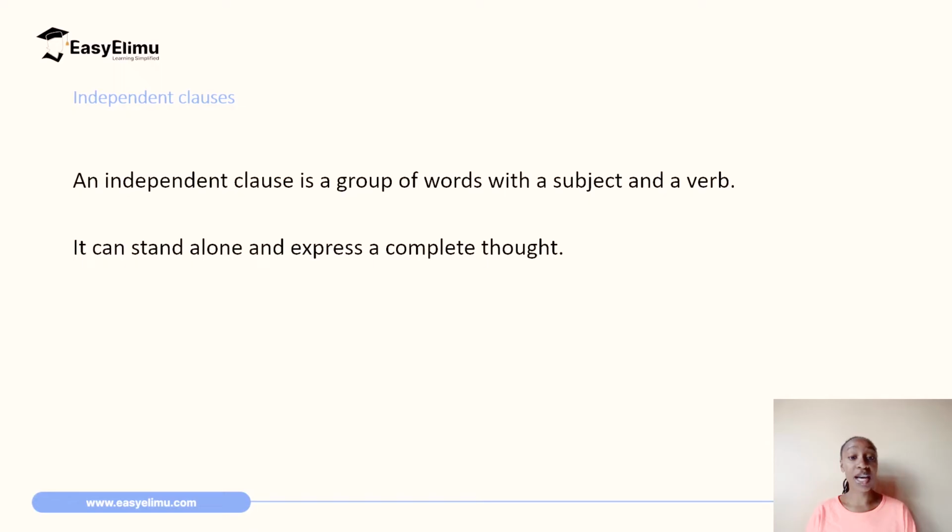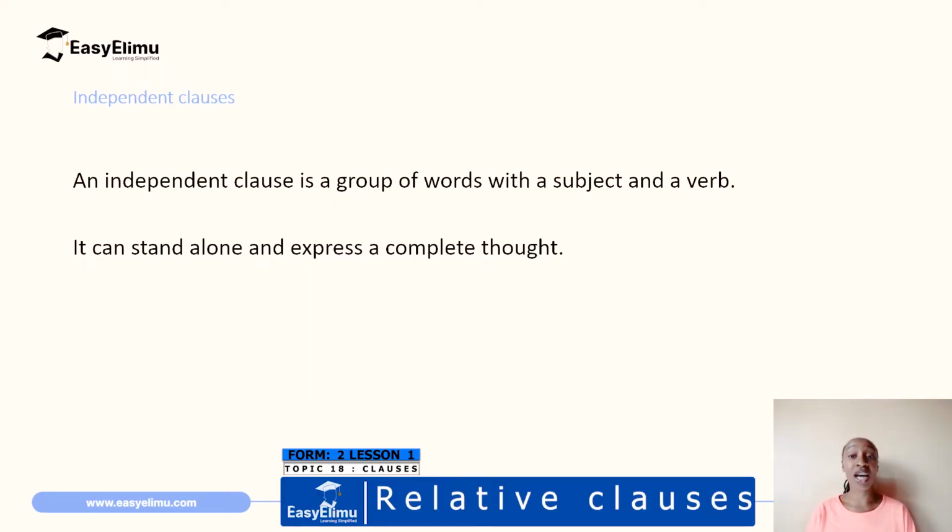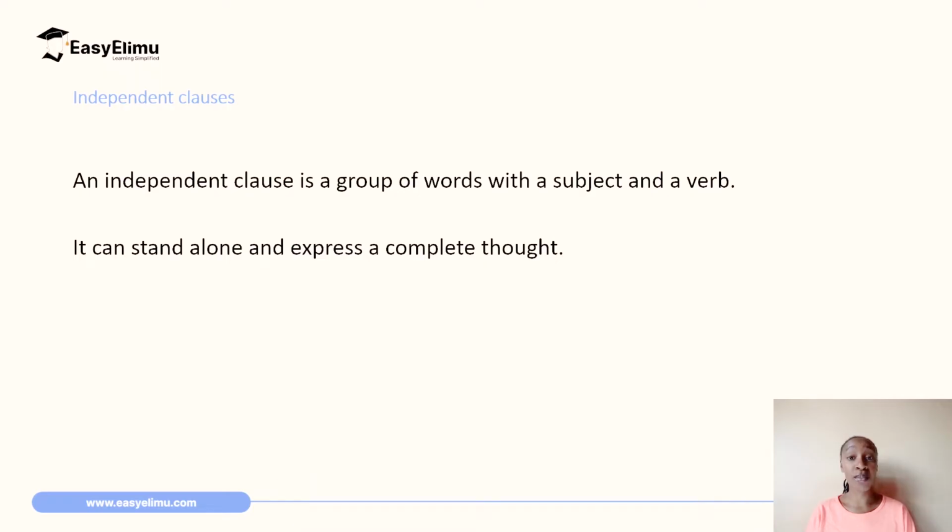We also said that an independent clause is a group of words that has a subject and a verb and can stand alone and make sense on its own. So it can form a sentence on its own because it makes complete sense when it is on its own.